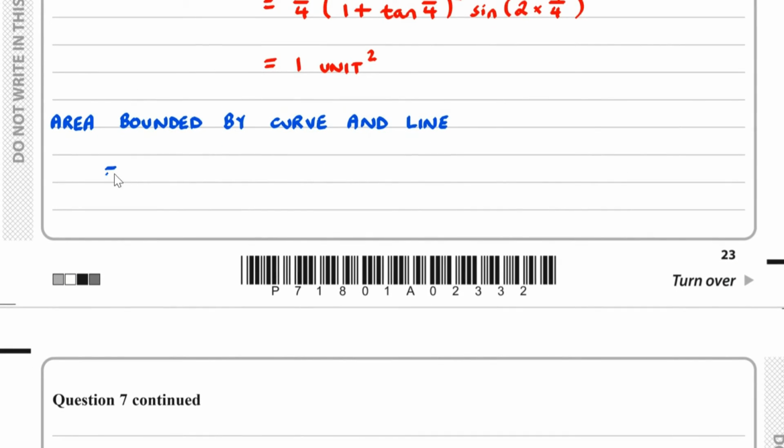So the area bounded by the curve and the line, we've got 1/2 times the integral from 0 to pi over 4 of r squared, which is (1 plus tan theta) squared, d theta.